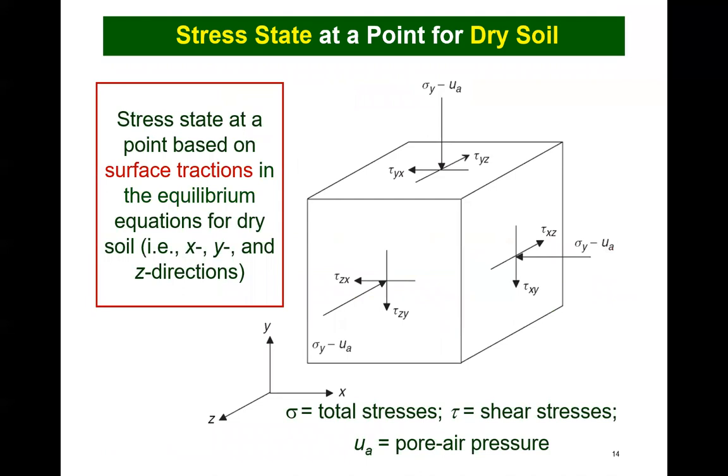When the water phase of a dry soil becomes discontinuous, the stress state of the dry soil can be written as the difference between the total stresses and the pore air pressure as shown in this slide. This is the designation of the stress state at a point for a dry soil.